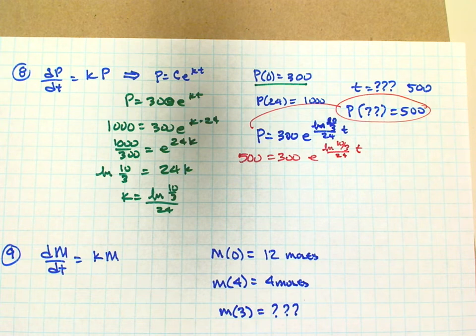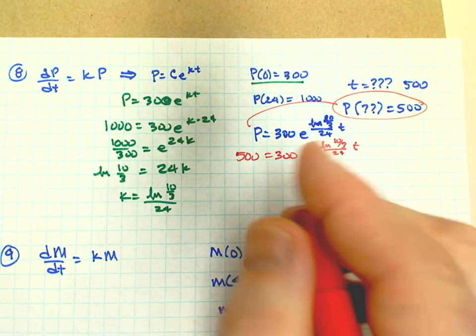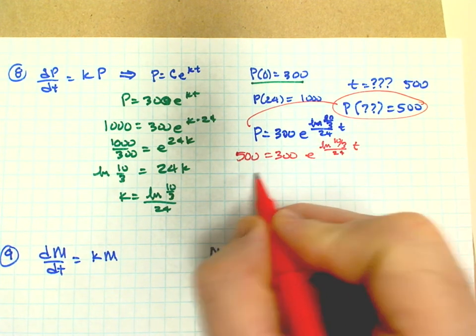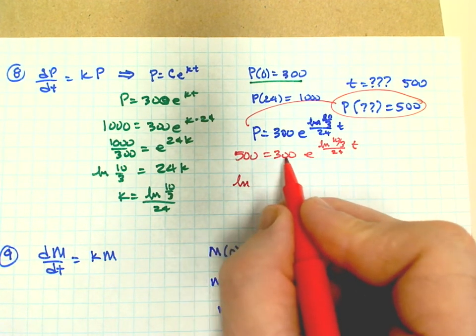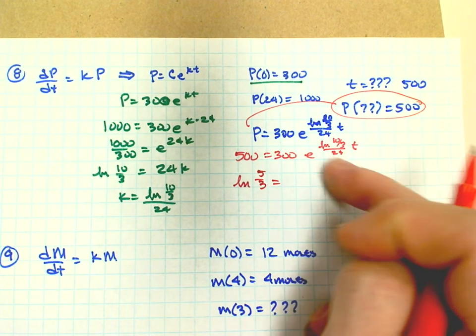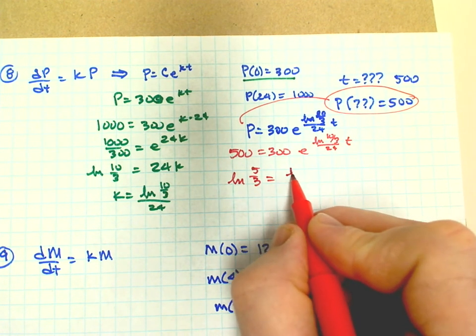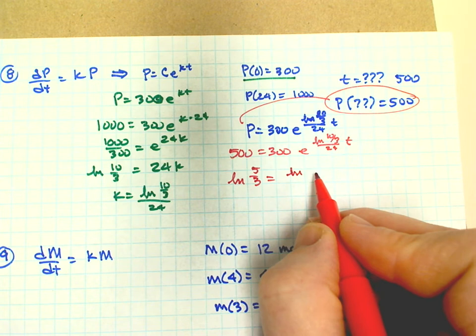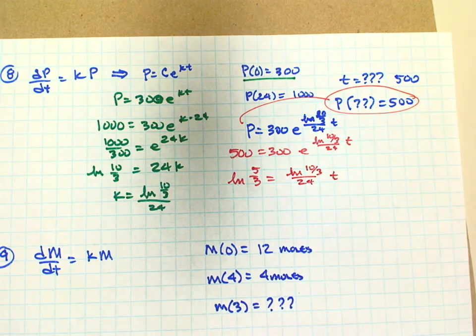In this case, we're dividing both sides by 300. I'm going to jump a couple steps here. I know that I'm going to also natural log that. 500 divided by 300 is 5 thirds. That's going to bring all of this mess down to the natural log of 10 thirds divided by 24 times t.